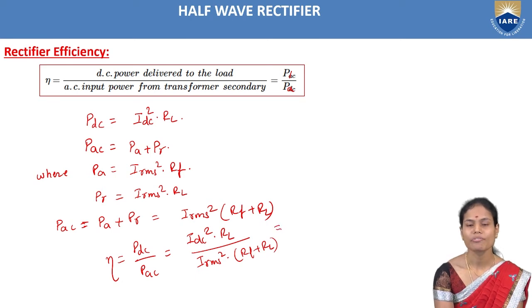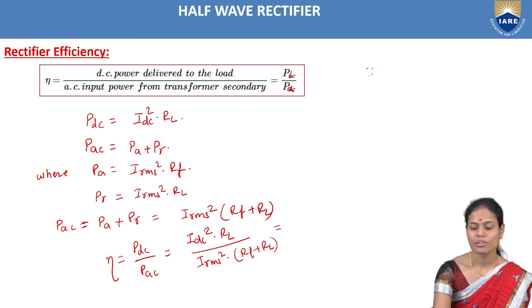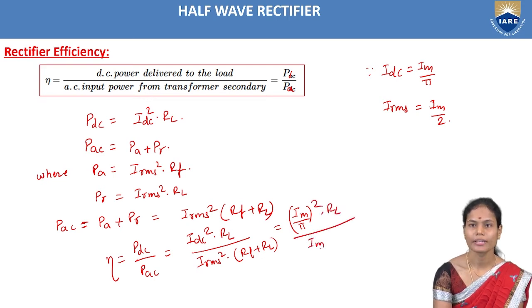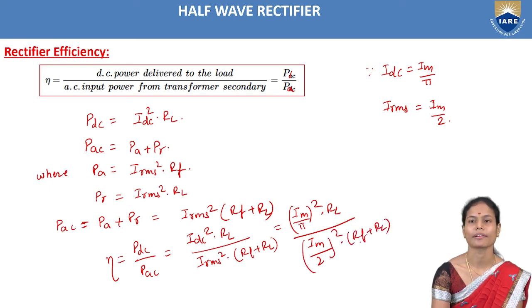Now substitute the values of IDC as well as IRMS. The value of IDC is Im by pi and the value of IRMS is Im by 2 in the case of half-wave rectifier. If we substitute that value, we get Im by pi whole square into RL divided by Im by 2 whole square into RF plus RL.